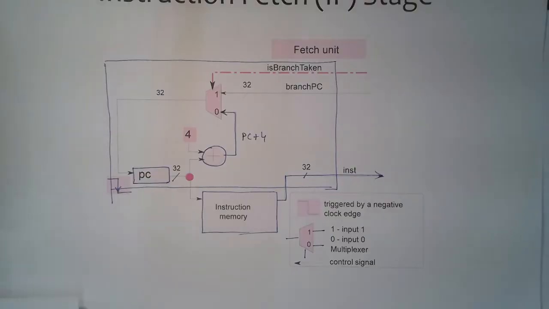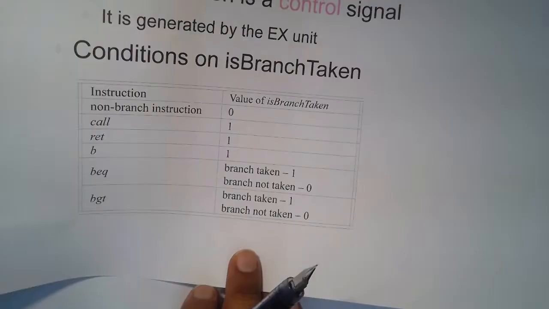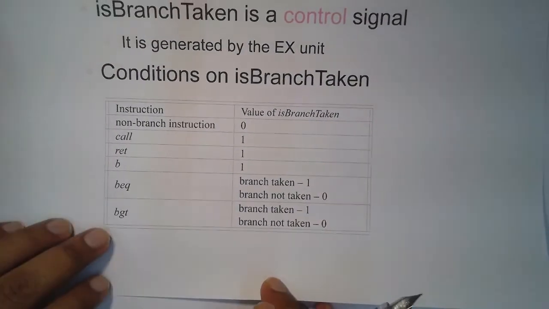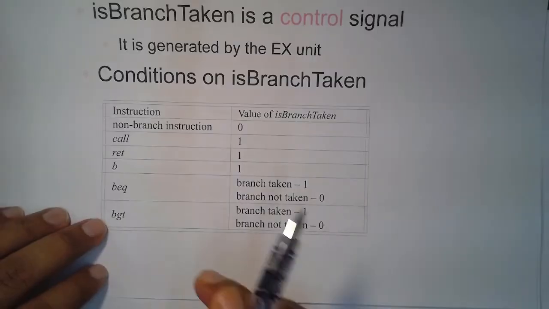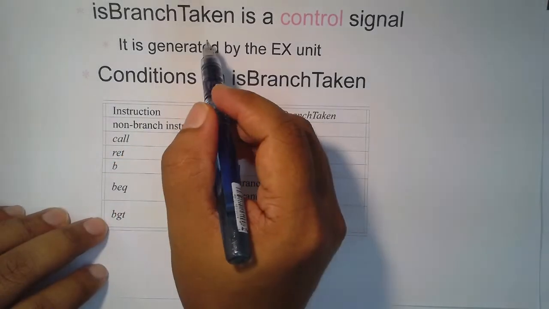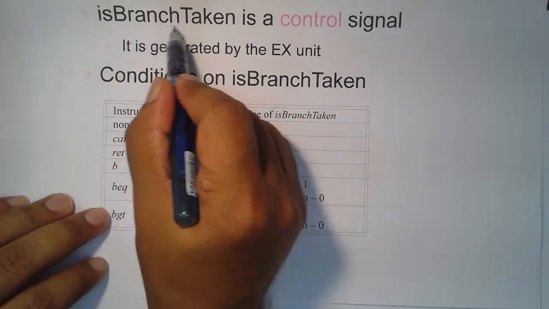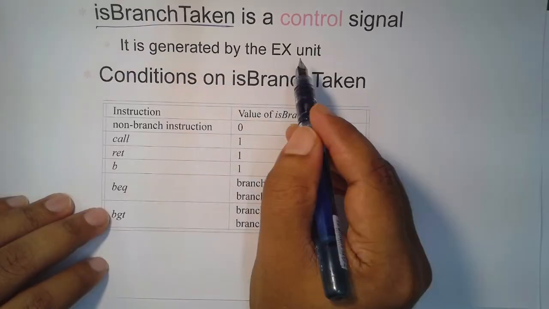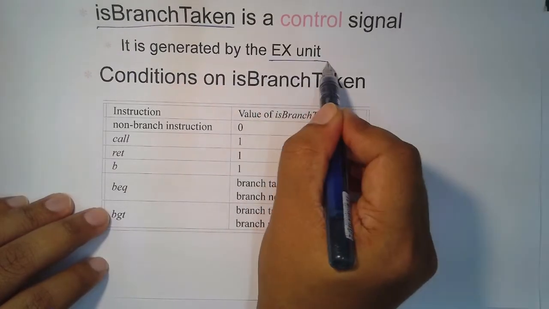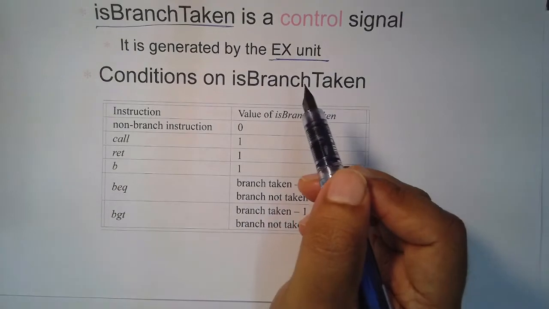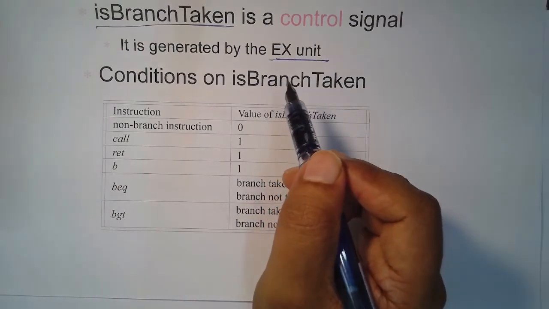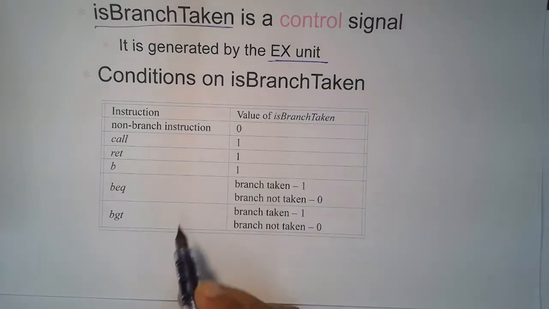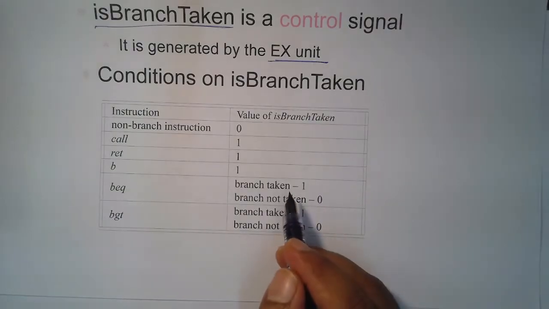Okay. Now, what are the possibilities of this is branch taken control signal? This control signal is branch taken is generated at the execution unit, because there may be some conditions you need to check to understand the output of the conditional branch situations.